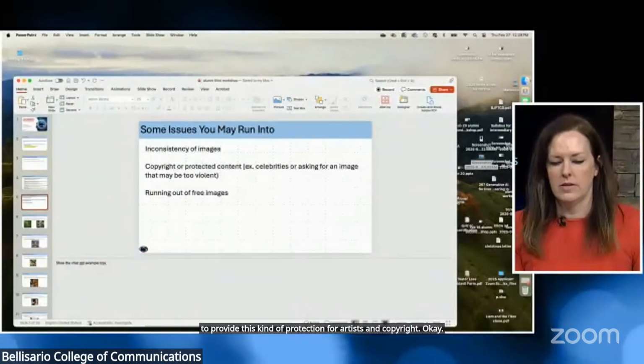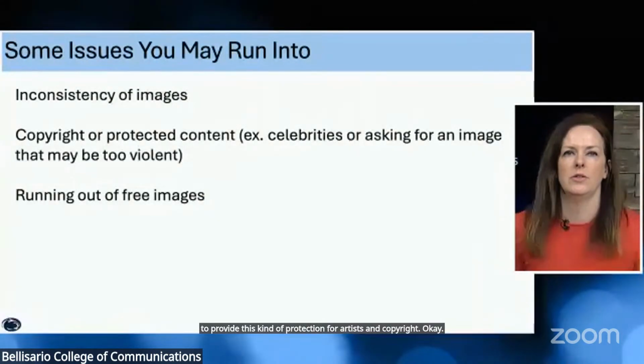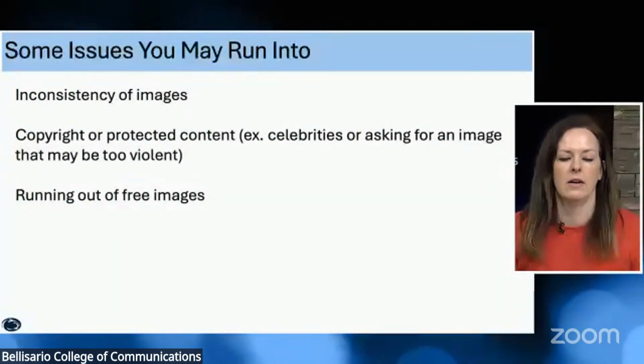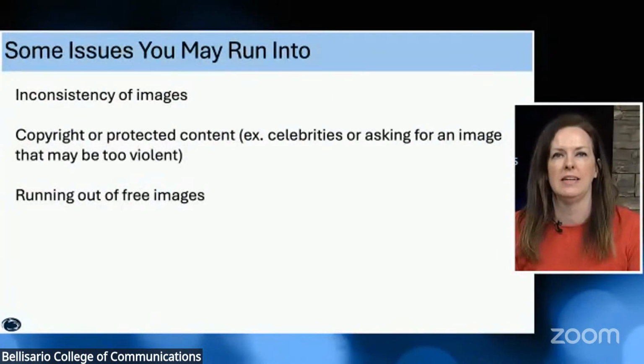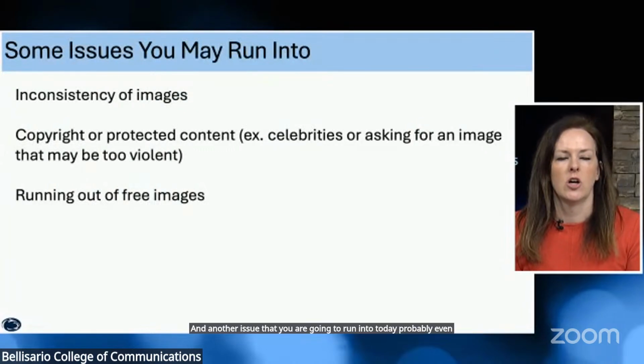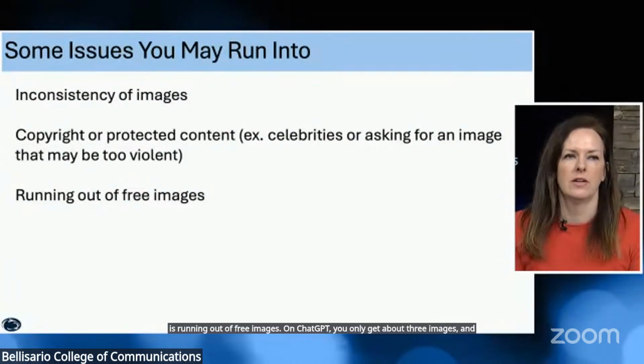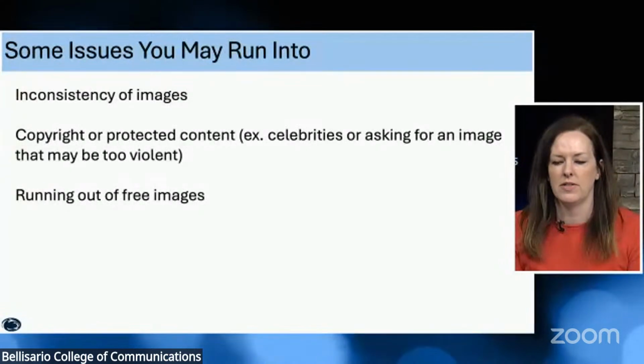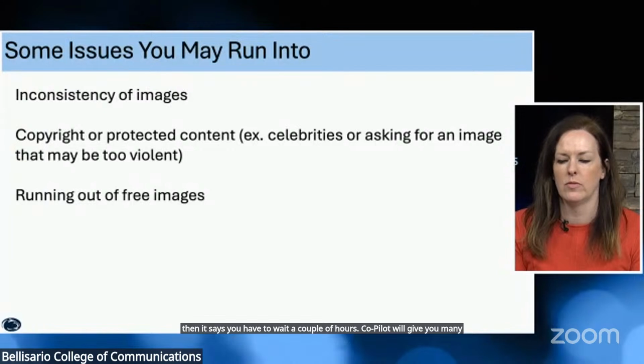And another issue that you're going to run into today, probably even, is running out of free images. On ChatGPT, you only get about 3 images, and then it says you have to wait a couple of hours. Copilot will give you many more. I'm unclear exactly how many more. I've got sort of mixed results with that, and Meta too will give you a couple more.